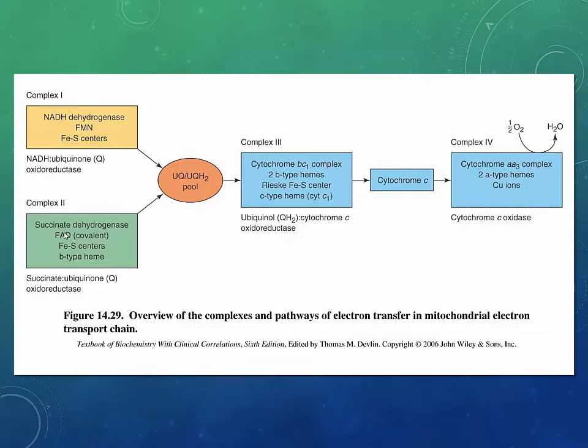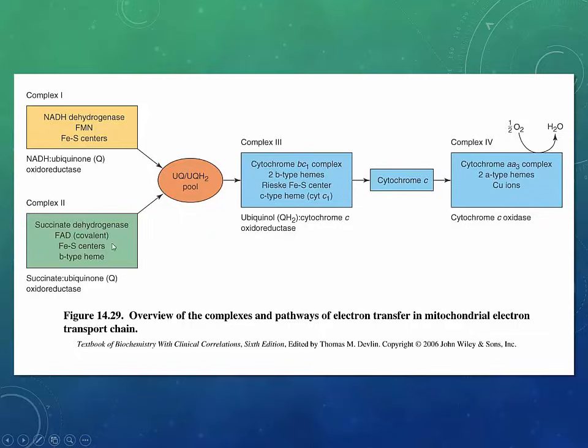This might also be called succinate ubiquinone oxidoreductase, but it's going to use FAD as a prosthetic group, and FAD is going to pick up electrons to become FADH, and then those electrons will be transferred onto ubiquinone. So as I said, complex 2 doesn't really take in FADH. FADH is part of complex 2. Complex 2 is actually a TCA cycle enzyme.